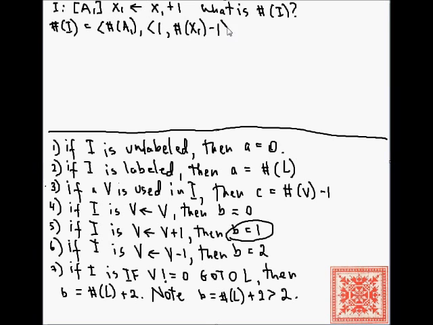X1 is the same as X. So the position of X1 in the list of variables minus 1. So this is the pair of 1 and the pair of 1, 1. That is going to be 2 to the first times (2 times the pair of 1, 1, plus 1), dot minus 1, and that should be equal to 21.